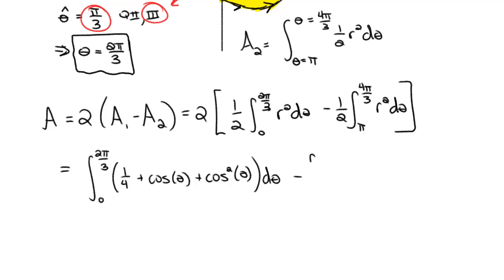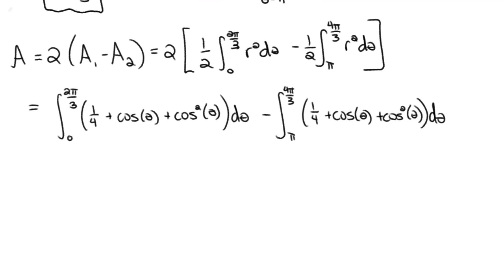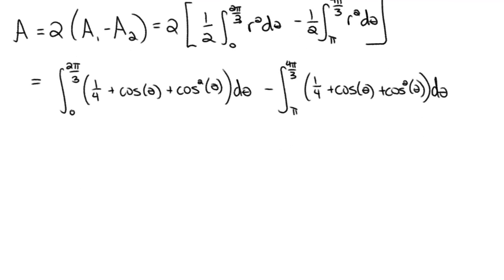And you're losing the integral from pi to 4 pi over 3 of the same, right? 1/4 plus cosine of theta plus cosine squared theta d theta. There, by the way, if you're looking at this and you're thinking you did a different way, there are several ways to do this actually.